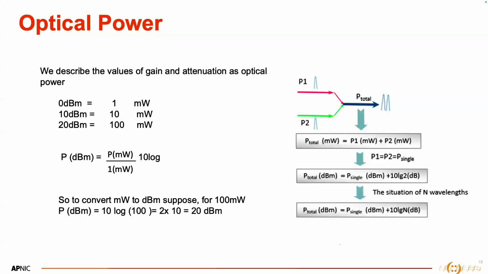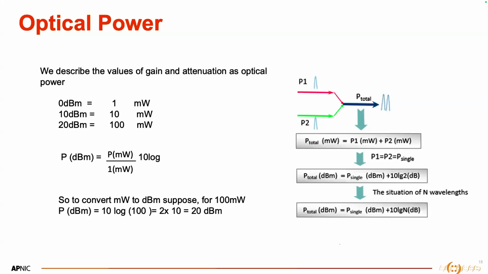So maybe P1 has a value of minus 3 dBm, and maybe P2 has a value of minus 3 dBm. So P total will be equal to minus 3 dBm plus 10 log 2, where minus 3 is the power of P1 or P2.